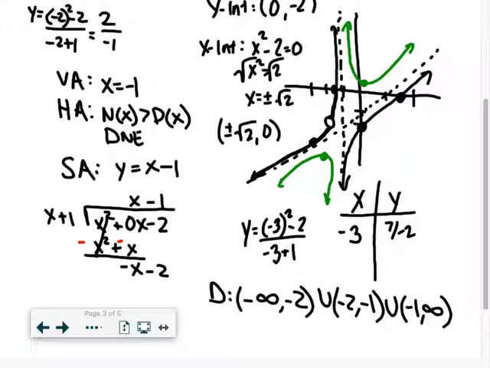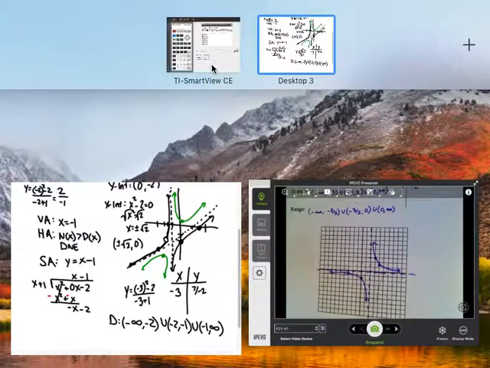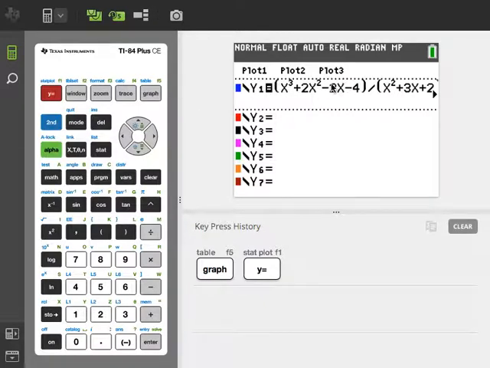Okay, before we go on to our homework, just really quickly, I did plug this into my graphing calculator. So let me pull that up. Notice that in my y equals menu, when I put this function into my graphing calculator, I don't have that math print, so I don't see a numerator and a denominator. If you're plugging rational functions into the calculator, you need a group of parentheses around your numerator and a group of parentheses around your denominator with a division sign in between them.